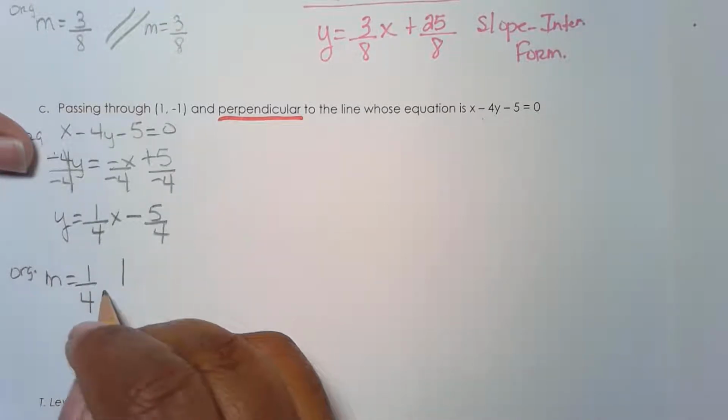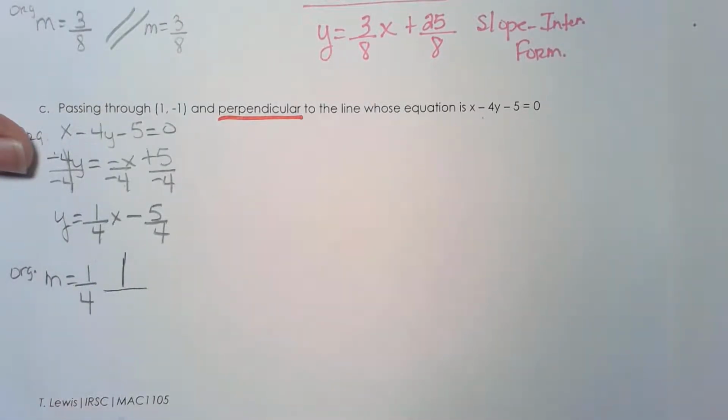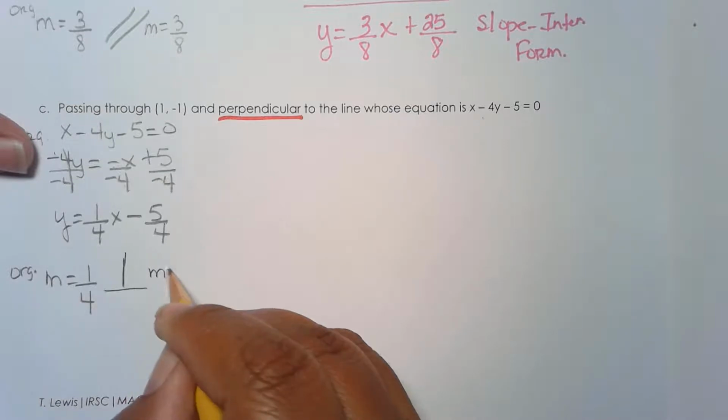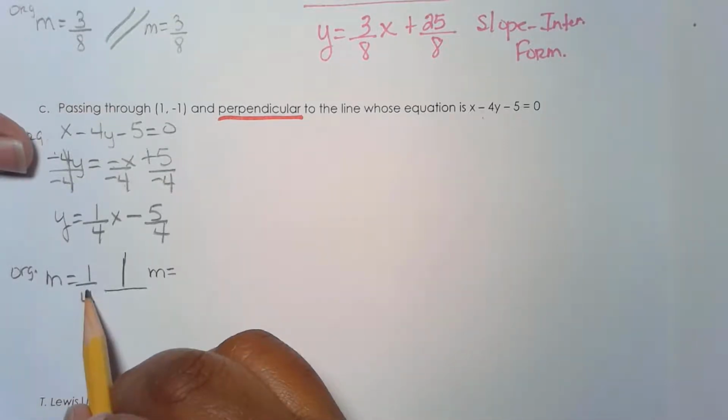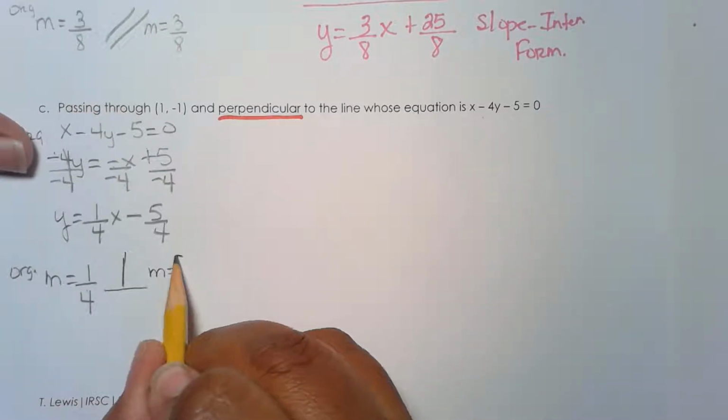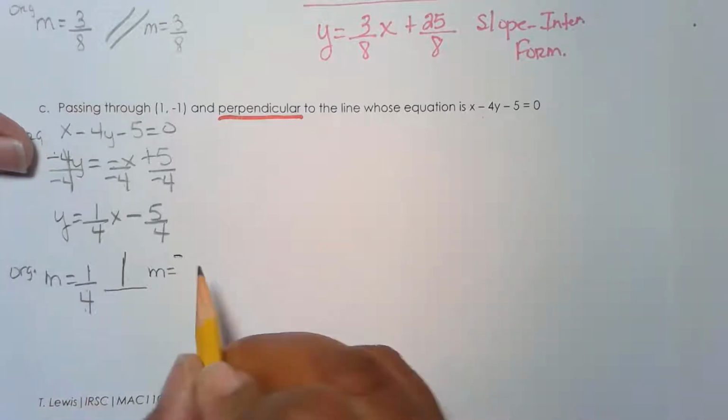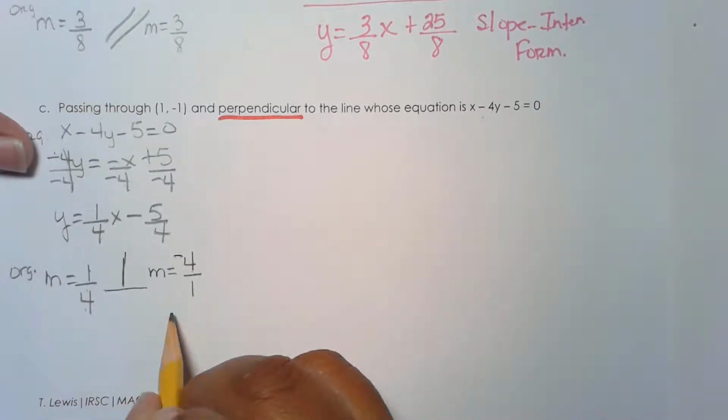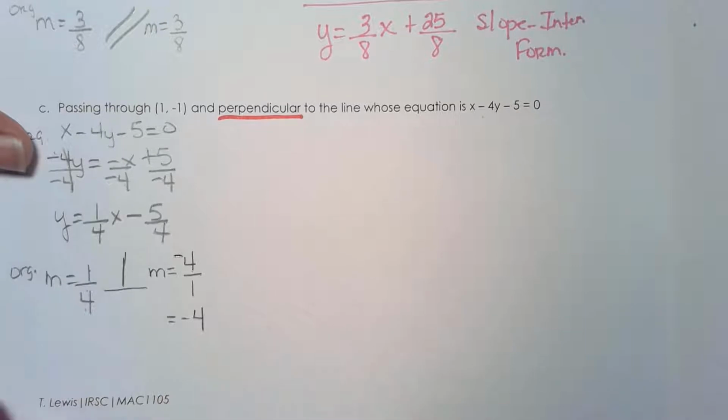What would be the perpendicular slope? That's what we're going to be using. Negate 1/4, that's going to be negative. Then take the reciprocal, 4 over 1, or we can just say negative 4. Okay, so we have all of the information that we need now.